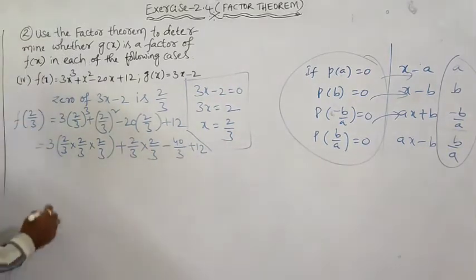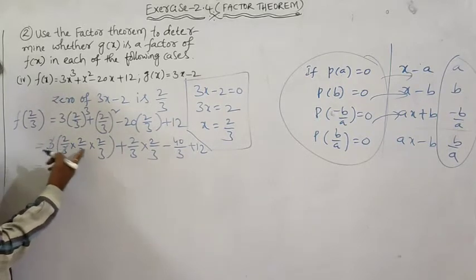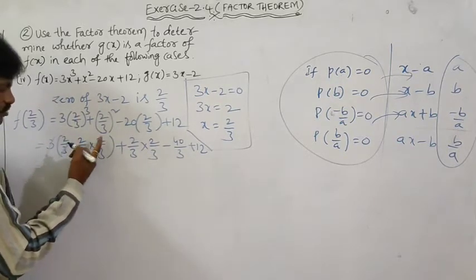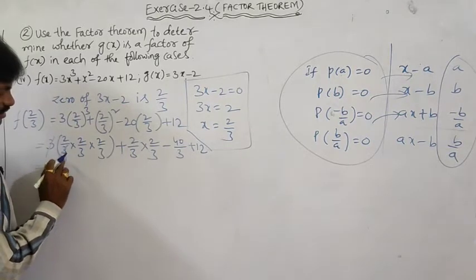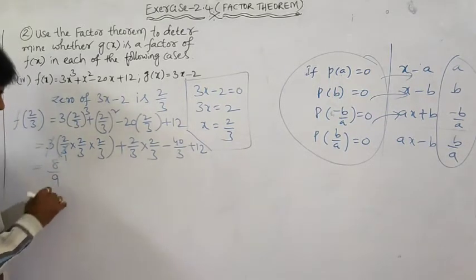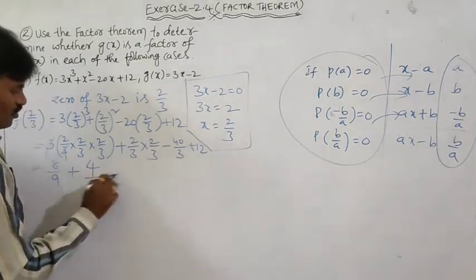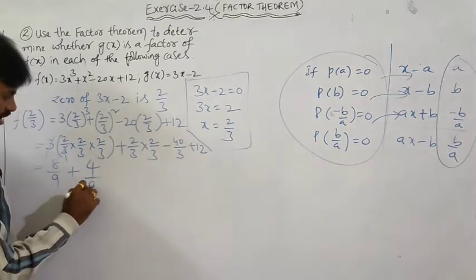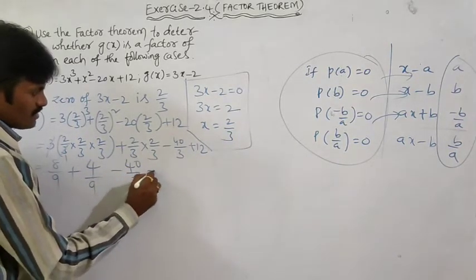Okay. Now 1 3 gets cancelled because 3 into 2 by 3 product, 2 into 2 into 2 is 8, denominator 3 into 3 into 3 is 9, plus 2 into 2 is 4 by 3 into 3 is 9 minus 40 by 3 plus 12.